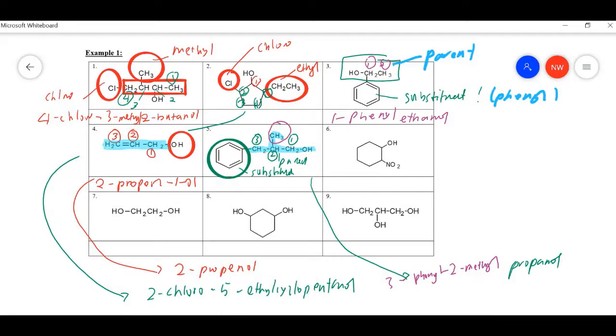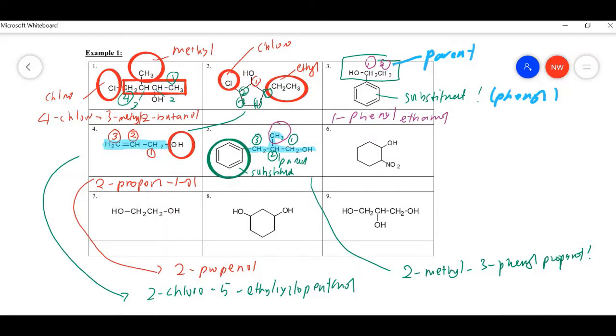Sorry, I salah. Antara huruf P dengan huruf M, M datang dulu. So nama dia akan jadi 2 metil 3 fenil propanol.